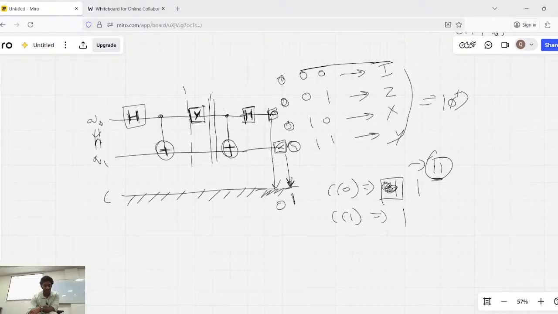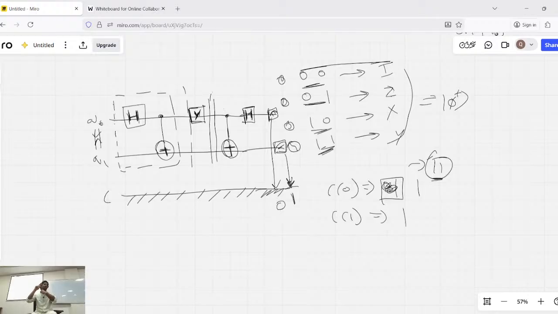So this H and C naught. Okay, this thing is the type of information which Alice wants to send to Bob. It does not have a reflection on the entanglement which we are doing.